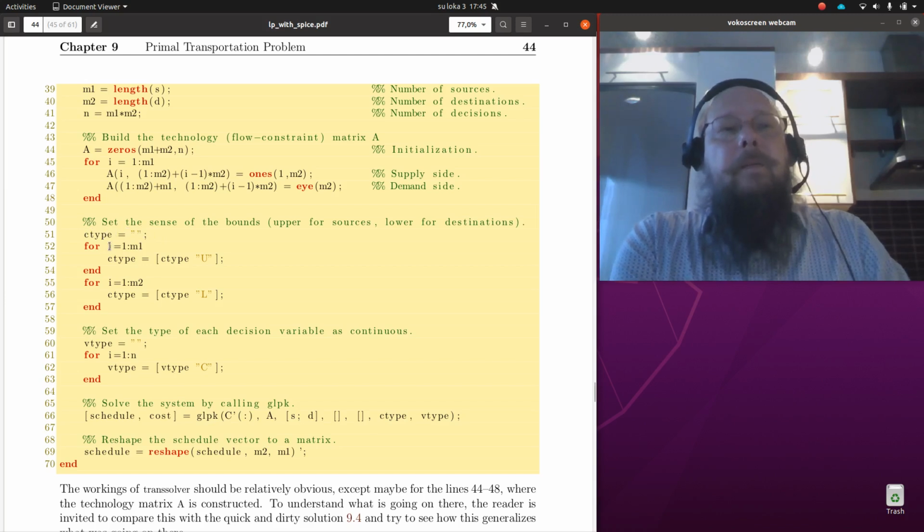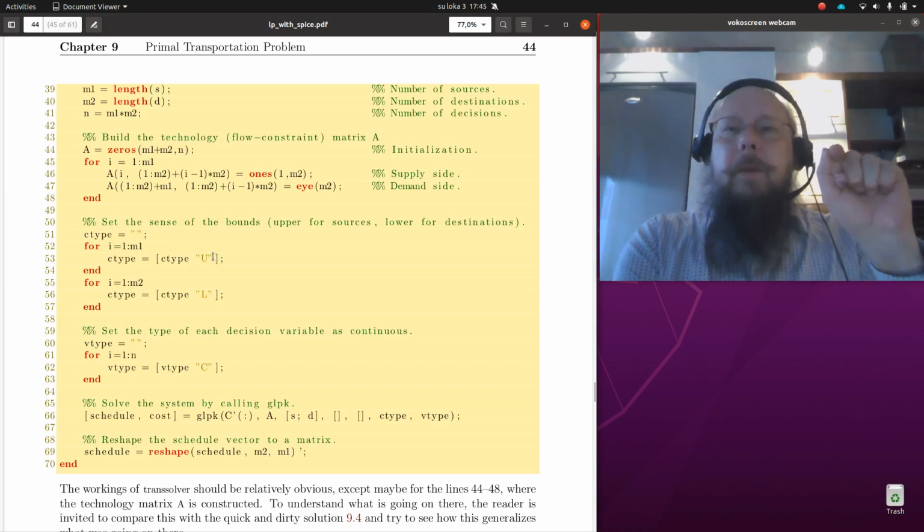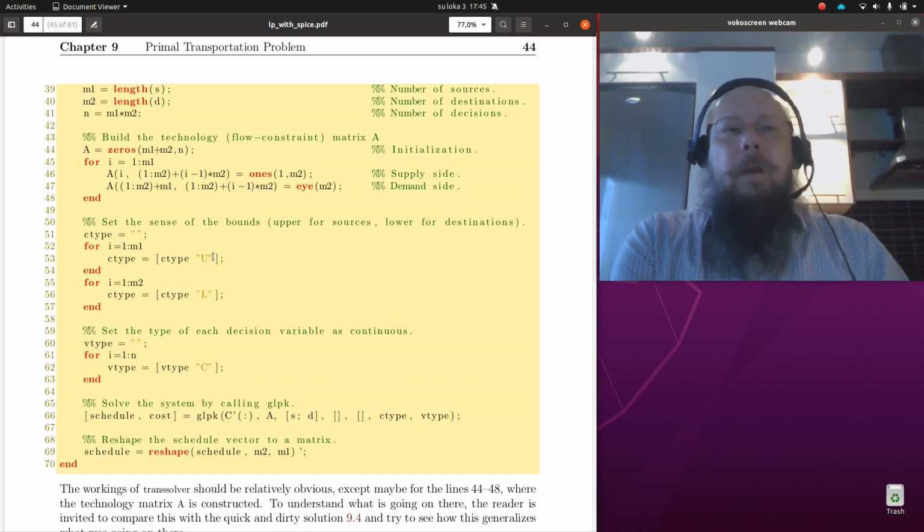And then a for loop that goes from 1 to M1, so this for loop runs the number of sources times, M1, and then I append the C type with U. So this will build the C type with U, as many as I need for all the sources, and after that I append the destinations.